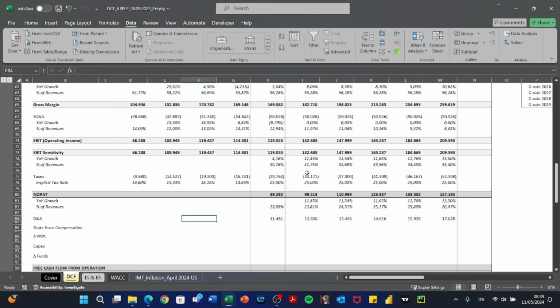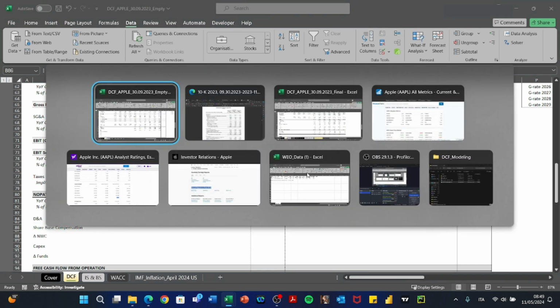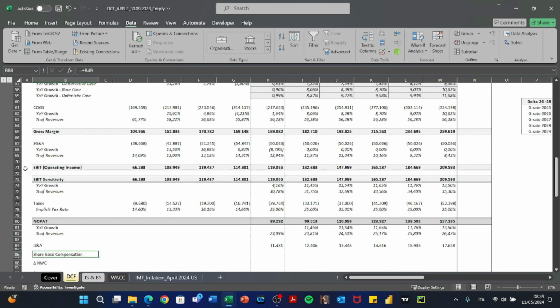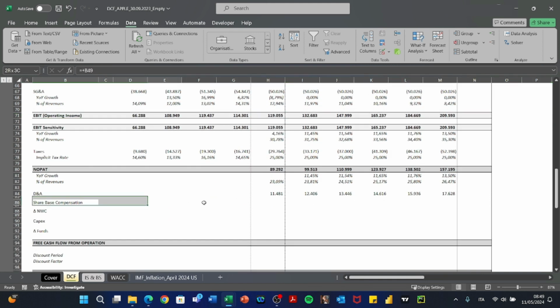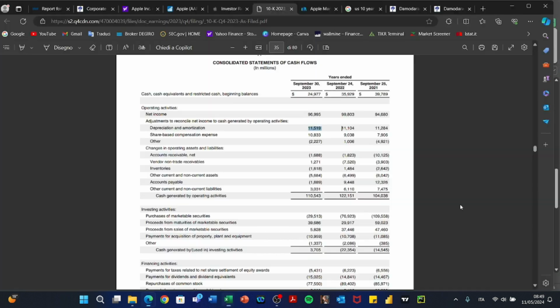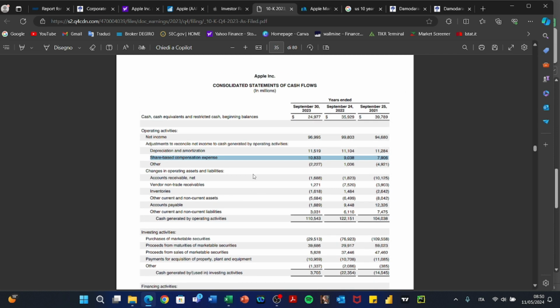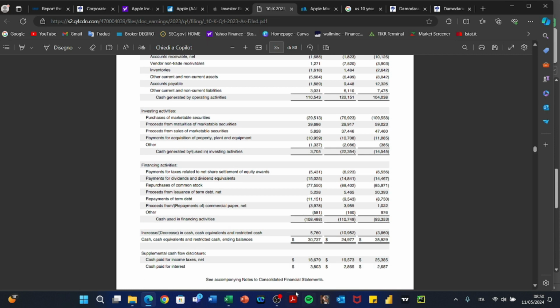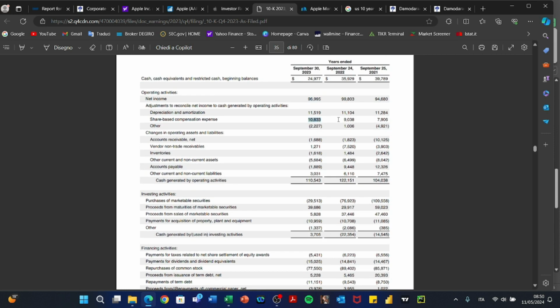And here you can see the share-based compensation, because this is a cost included in our EBIT, but this is not a cash expense, as you can see over here. If you look at it, you can notice that share-based compensation expense is added back to the net income in order to compute the free cash flow, which means that this is not a cash expense.